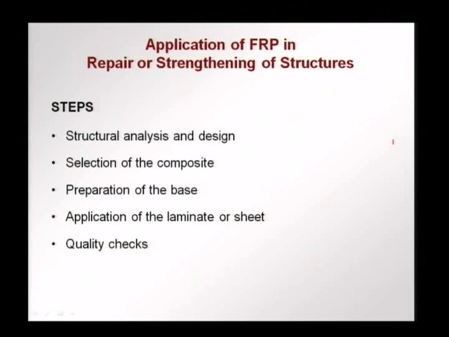So there has to be a proper structural analysis done, and the design basically telling you what is the thickness and what are the properties required of the FRP. Then we have to choose the appropriate composite. For example, whether we go for carbon fiber or we go for glass fiber, what would be the number of layers, and so on. Very importantly, the third step is the preparation of the base.